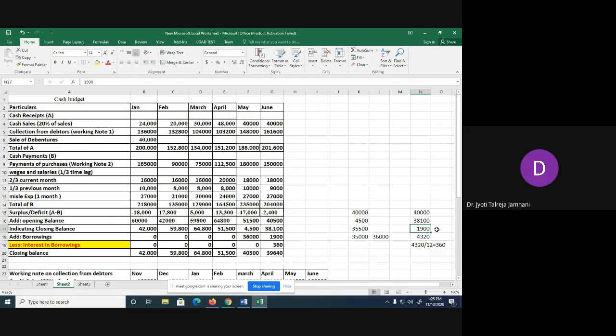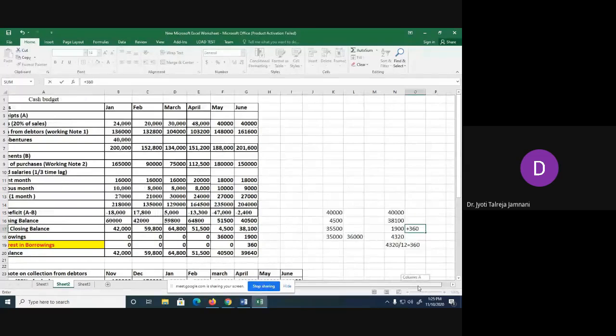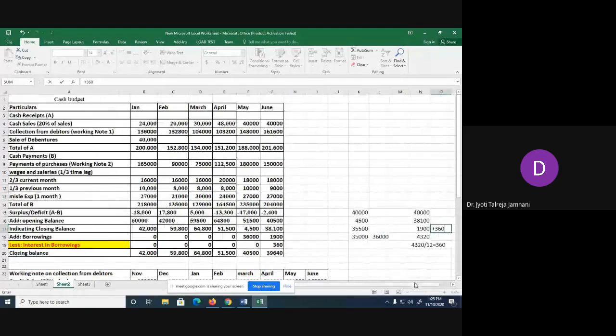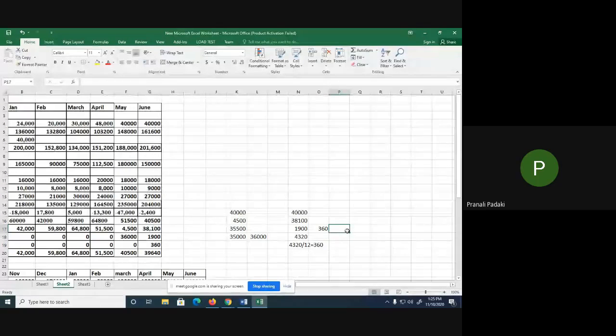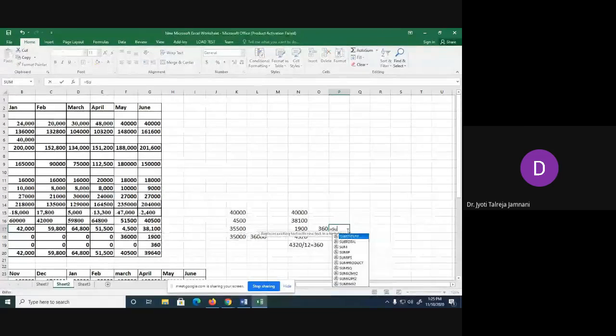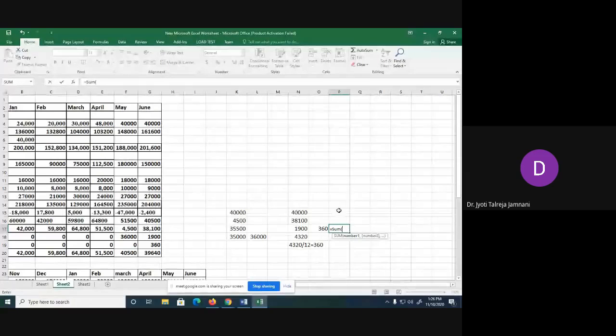We have to borrow 1900 plus 360 because we have to pay interest also of the previous month borrowing. Are you understanding? Yes, ma'am. 1900 plus 360, I have to add both, and that will be equal to 2260 is what I should borrow.